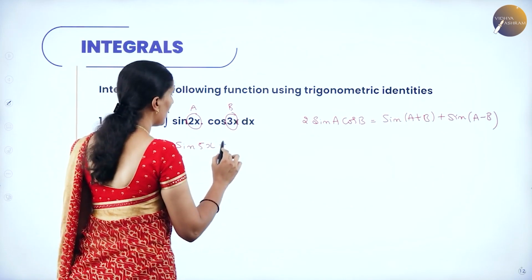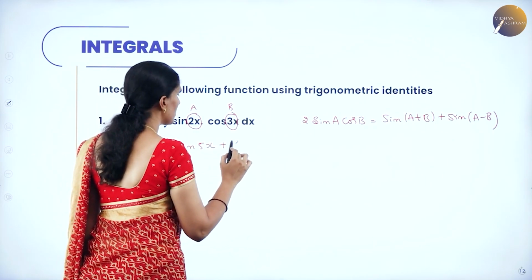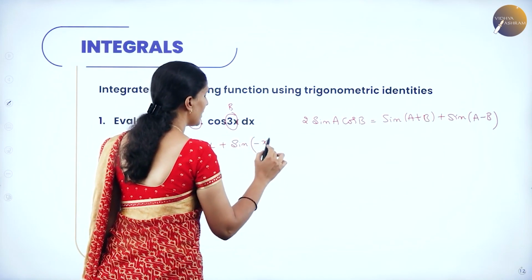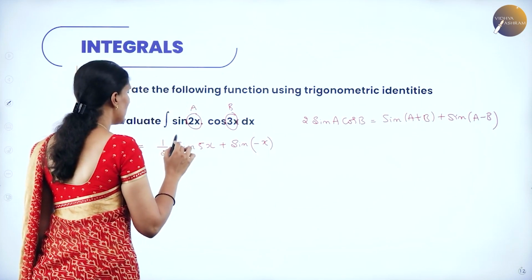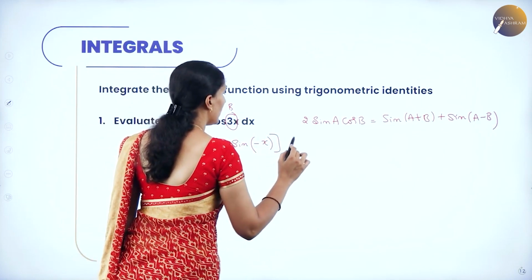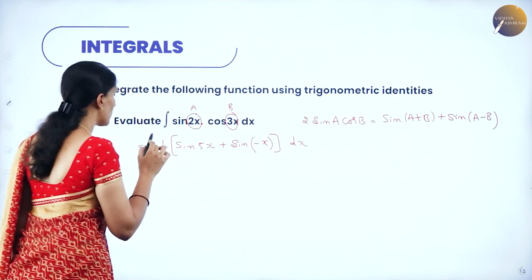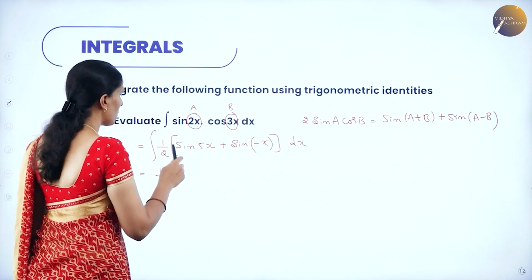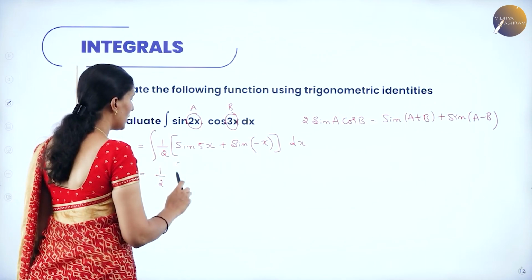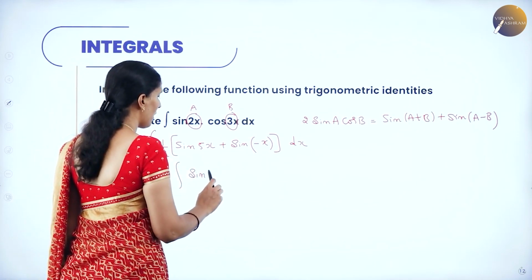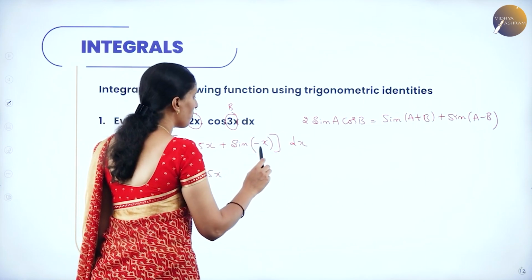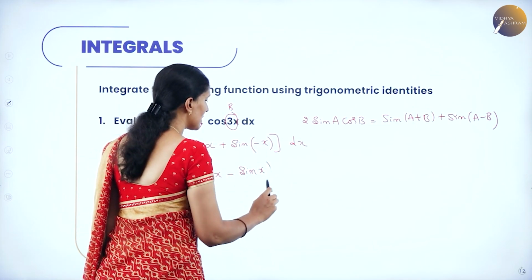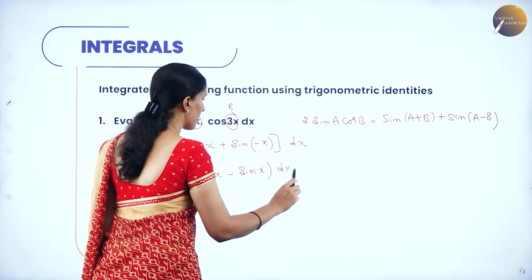Next, plus a minus b, that is sin of 2x minus 3x, which becomes minus x, into dx with respect to the integral symbol. So I can take half outside. Here I'll get the integral of sin 5x, and sin of minus x is minus sin x, so that is minus sin x dx.